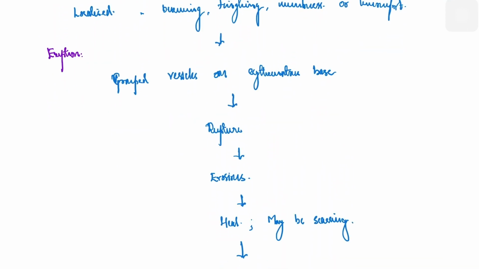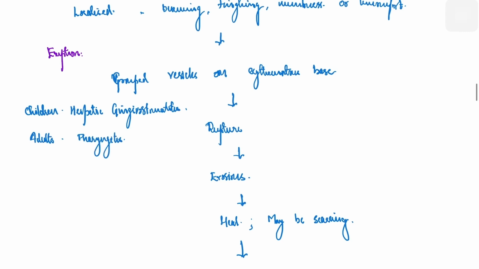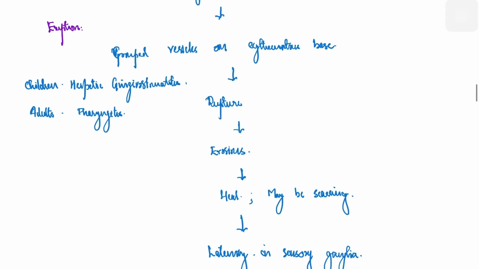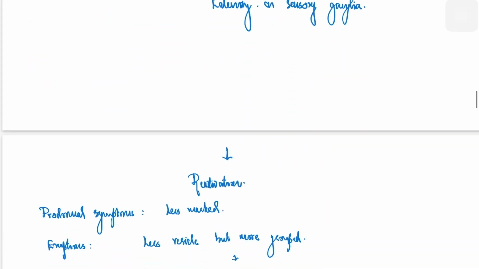In primary infection in children, they cause herpetic gingivostomatitis, whereas in adults they cause pharyngitis. So the site of primary eruption in children is the gingiva and the oral cavity, whereas in adults it's mostly the pharynx and also the oral cavity.